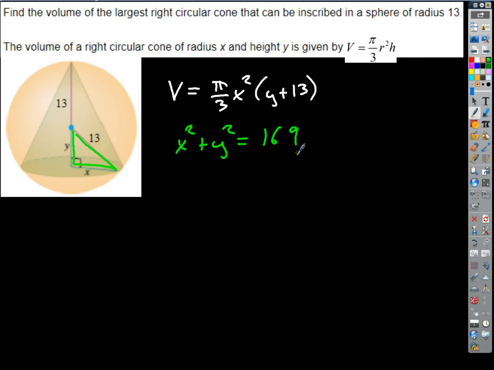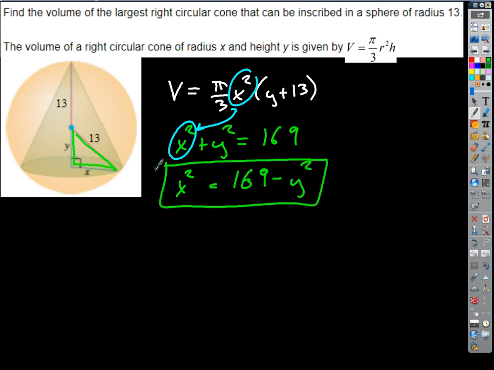So instead, we can see we've got a connection right here. All we have to do is isolate that x squared and make the substitution. That's easy to do. What is x squared in terms of the rest of the stuff? Well, 169 minus y squared, right?